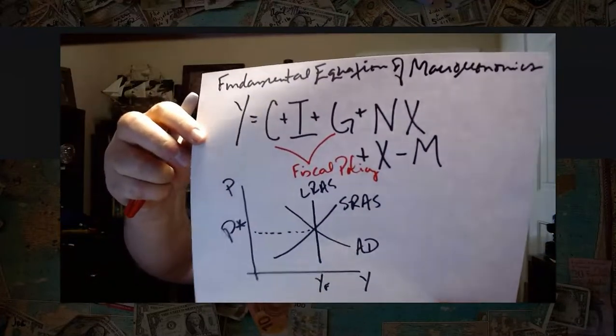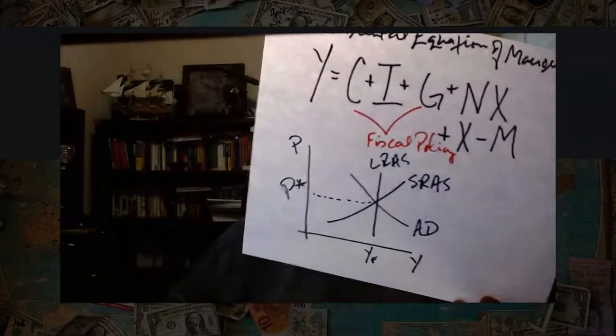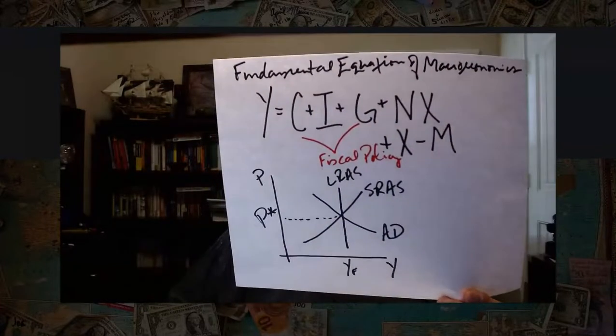Now, I'm not saying that it has no effect on business spending or net exports, because it does. It affects trade too. But it's primarily going to impact aggregate expenditures through consumer spending and government spending. And remember, any change in any one of these creates an even larger change in total output because of that multiplier effect.